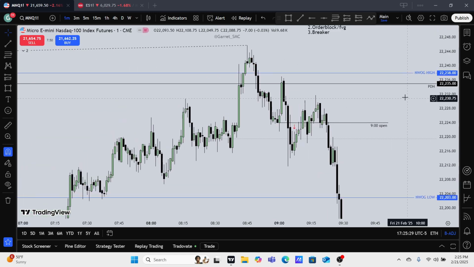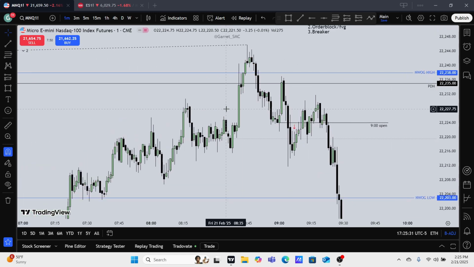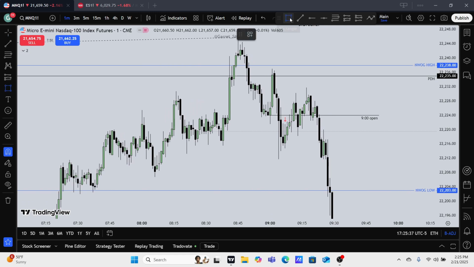right? So we push up pre-market, taking previous day's high, create an SMT with ES at the highs. As we pushed up, we created this fair value gap you can see here. Then we come back down into this fair value gap. We kind of chop around a little bit, and then we have this push up higher right here we can see.